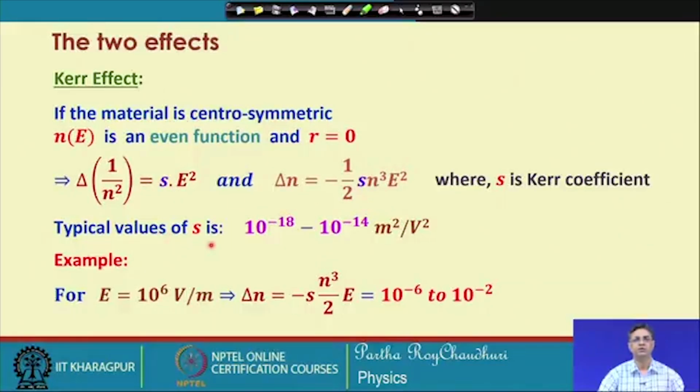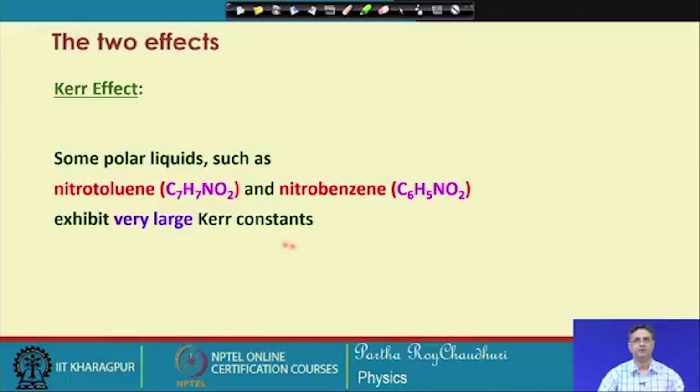The typical values of s will be of the order of 10 power minus 18 to 10 power minus 14, and an electric field of the order of 10 power 6 will create a change in the refractive index of the order of 10 power minus 6 to 10 power minus 2, which is appreciable. Some polar liquids, for example nitrotoluene and nitrobenzene, exhibit very large Kerr constants.